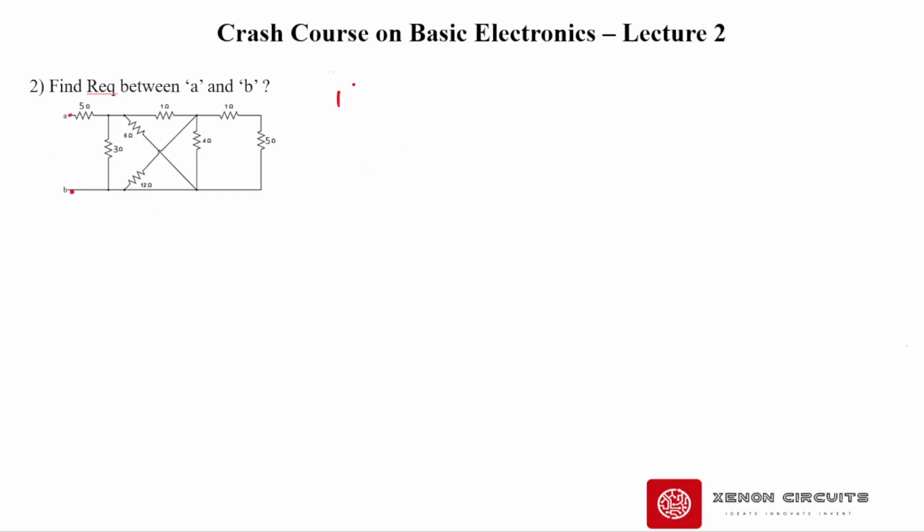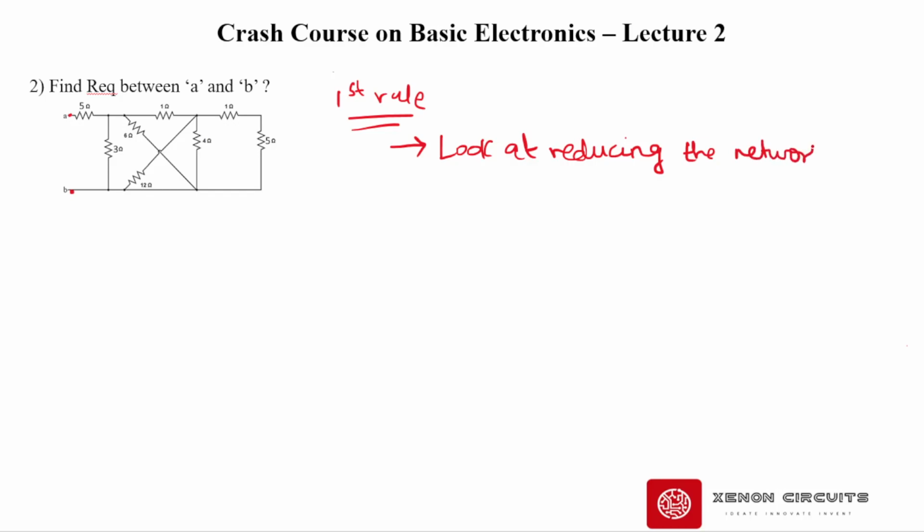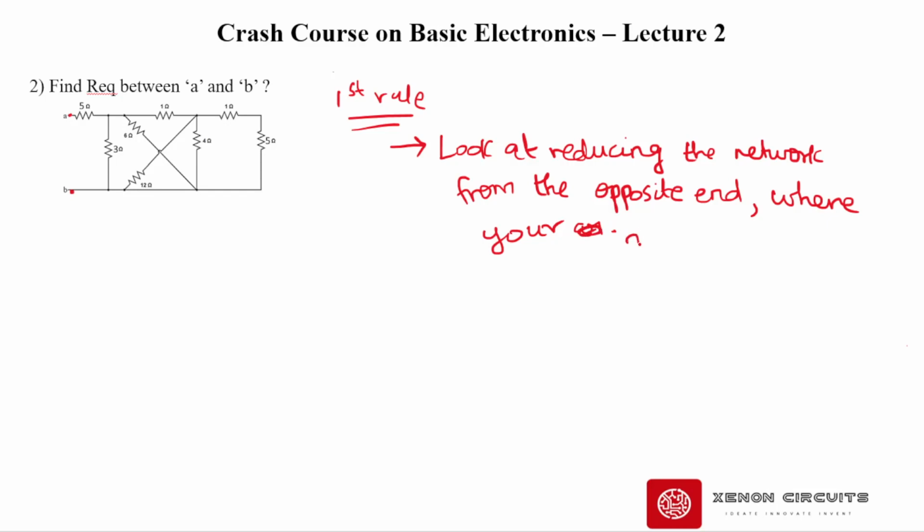So, the first rule which you have learned in the previous lecture is that always look at reducing the network from the opposite end from where your nodes are present.